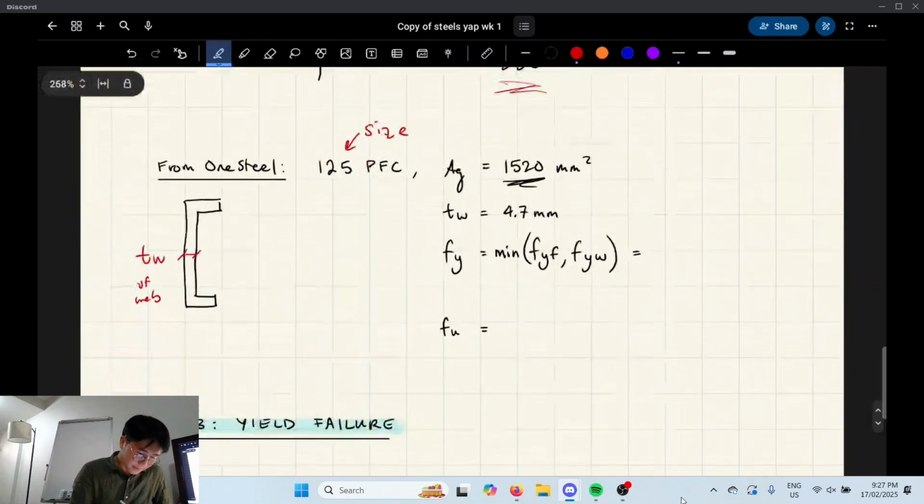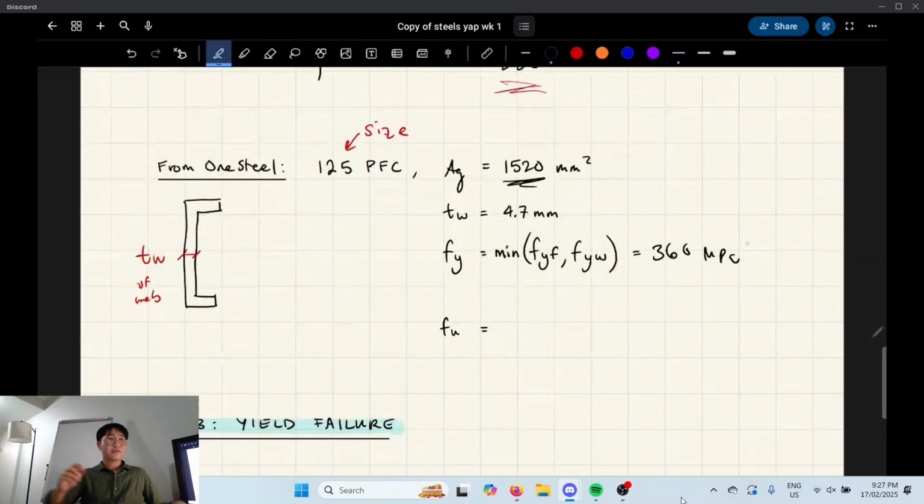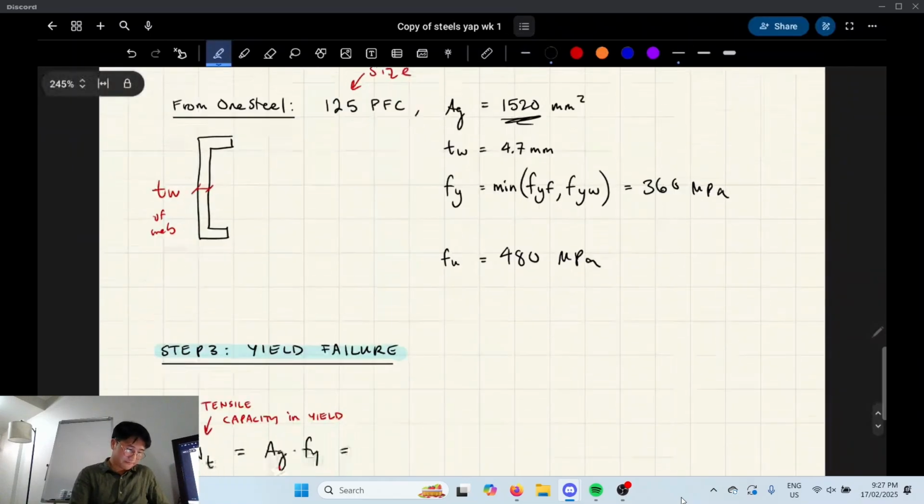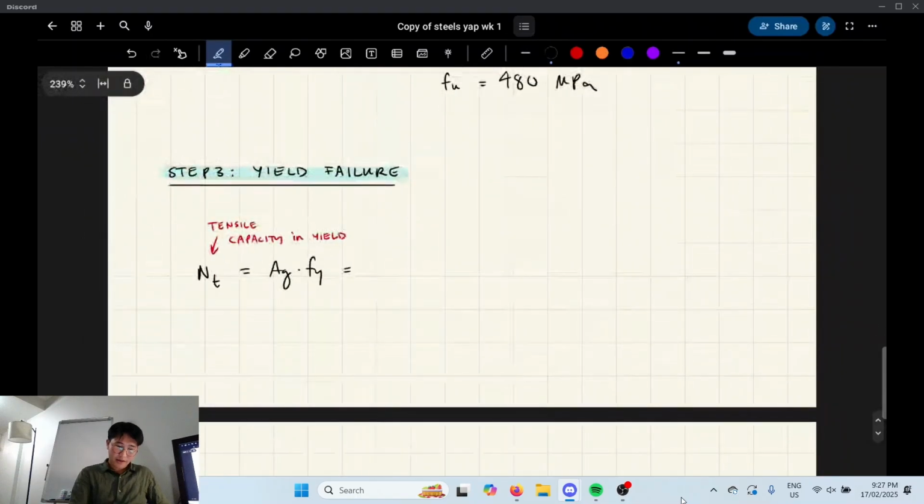So you have to find both, and you find the minimum because we don't want to be working with two different numbers. We just take the worst case. Same thing on the same table, you'll find the ultimate strength as well, and that one's simple. Okay.